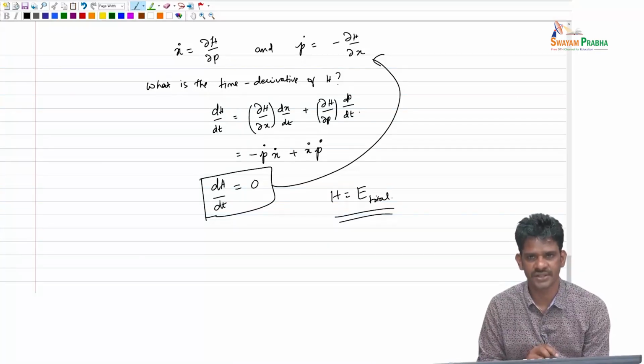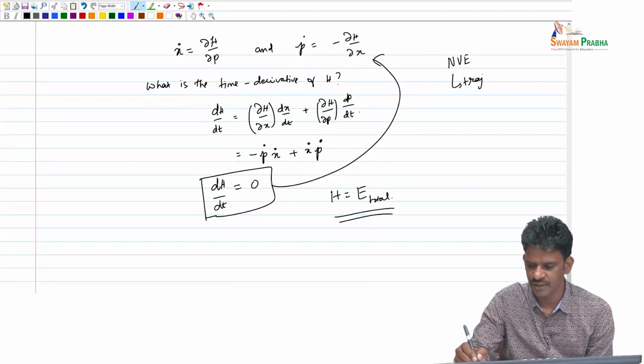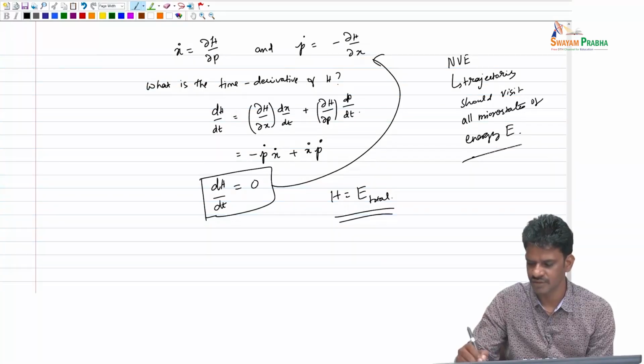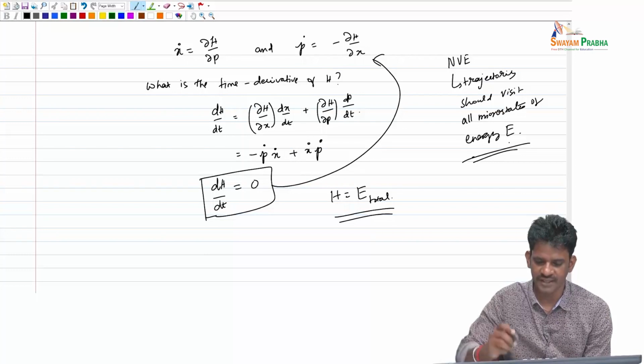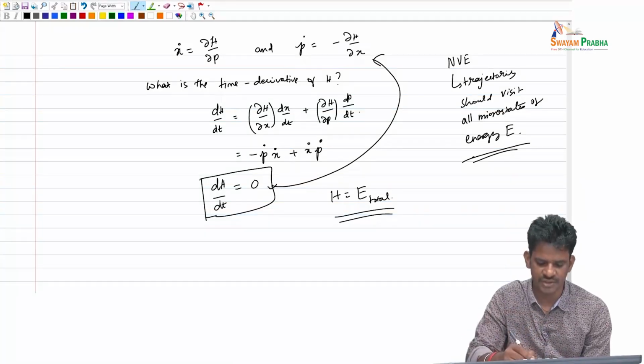This is important because when we talked about the NVE ensemble, we said that trajectories should visit all the microstates of energy E. Now we are able to show that if I solve the classical n particle system using the Hamiltonian equation of motion, the energy remains constant along the trajectories.